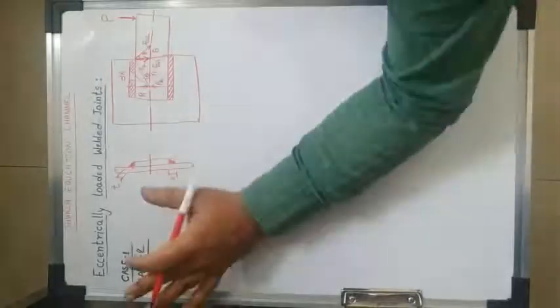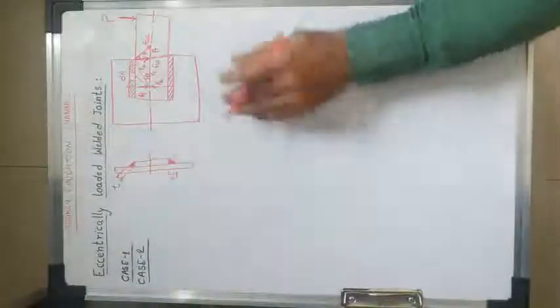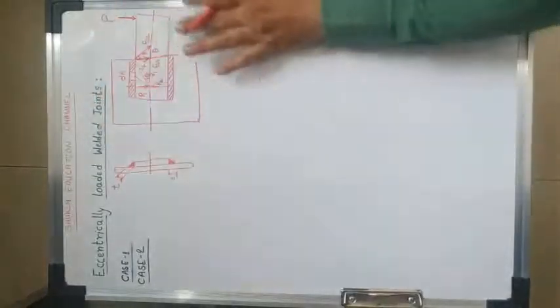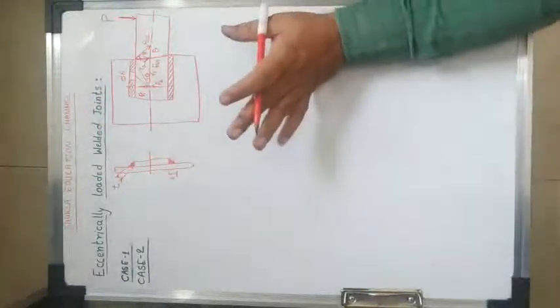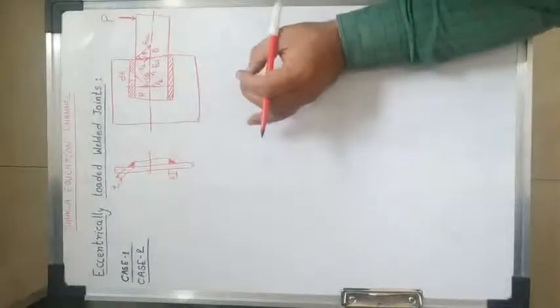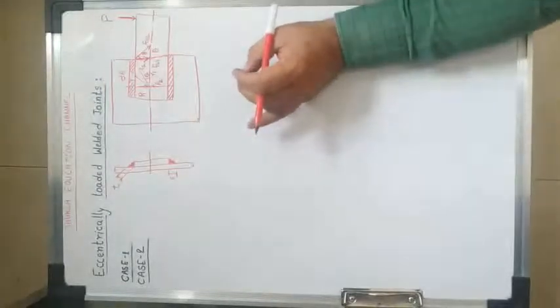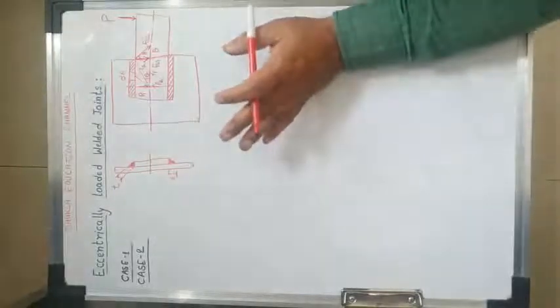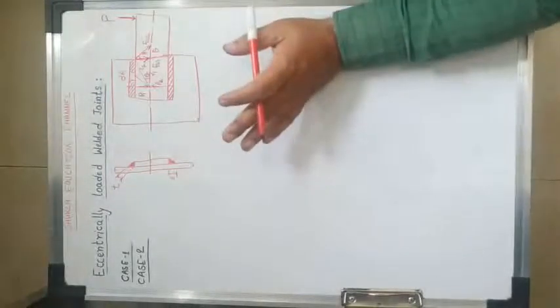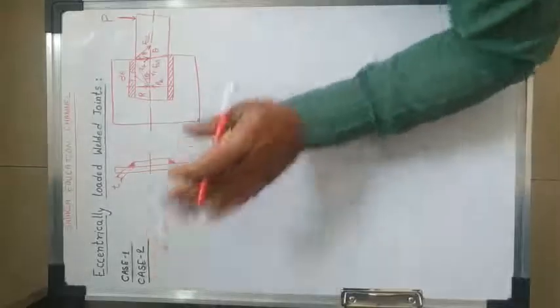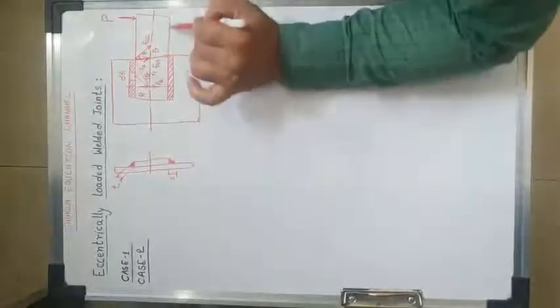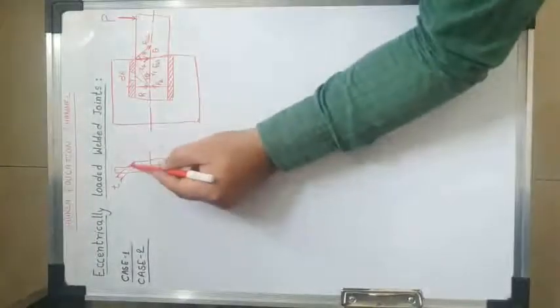So we have seen case 1. Now we will discuss case 2. In between we have seen moment of inertia and polar moment of inertia, so we have to take care of those formulas. So what is case number 2? Here this is one plate and this is another plate, welded like this.